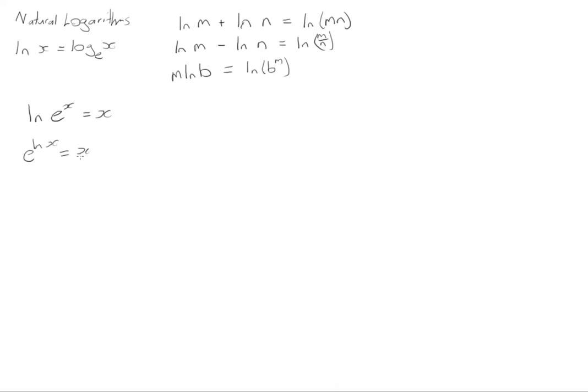So let's look at a couple of examples for this and we'll see what we can come out with. An example might be if we've got the natural log of e to the power of 5. Well, this is just going to equal, if we look here, ln e to the power of x, where x is a number, this is just going to equal 5.